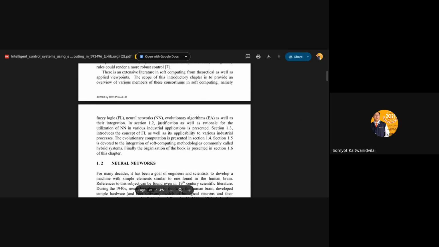Okay, the neural network was found even in the 19th century, about more than 100 years ago, and they tried to propose the neural network as a representation of the biological neuron of humans. So they tried to make some mathematics.